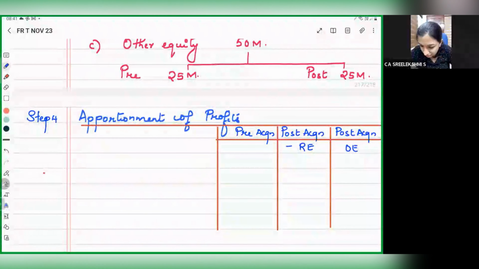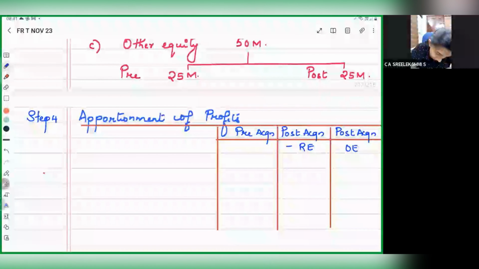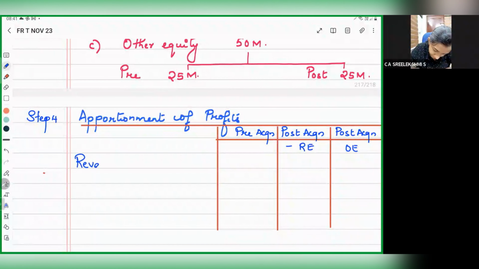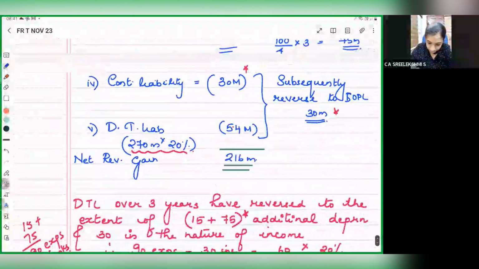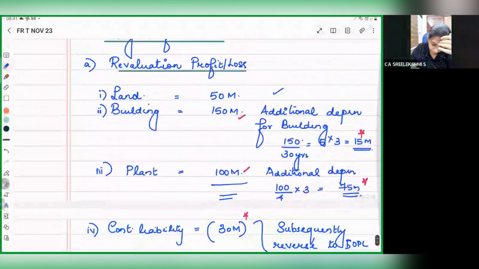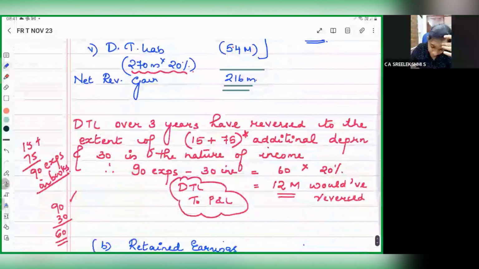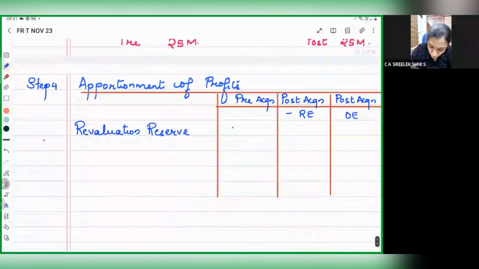Other equity, general reserve, retained earning reserve. Revaluation reserve. Total revaluation gain we have marked as 216 million. Figures in million. 216.